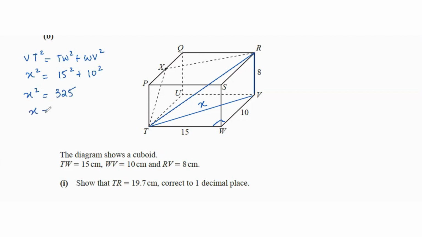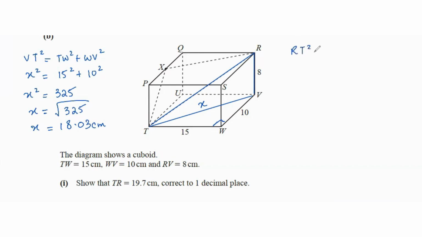So now we find the square root of 325, which is going to equal 18.03. So now VT is 18.03. So now I'm going to use that to find RT. So RT in this case is the hypotenuse of this right angle triangle.